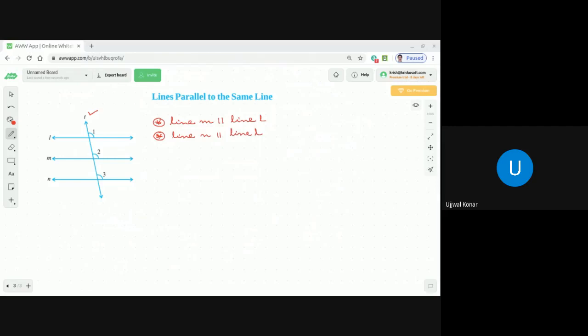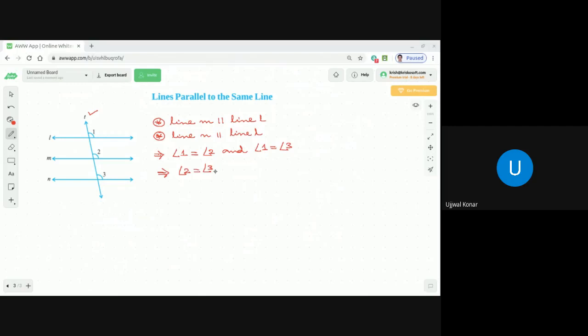Because of the corresponding angles axiom. The corresponding angles axiom helps us to conclude that angle 1 is equal to angle 2 and angle 1 is equal to angle 3, correct, dear students? If we combine these two, we can say angle 2 is equal to angle 3.